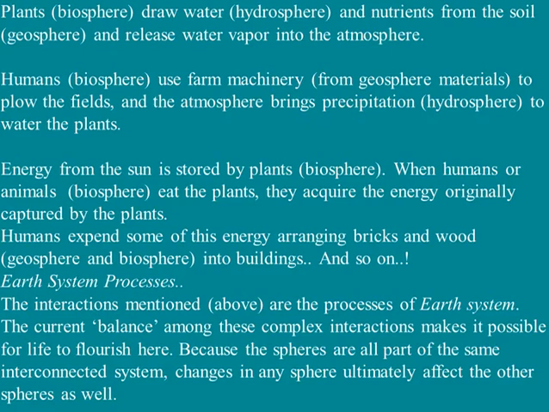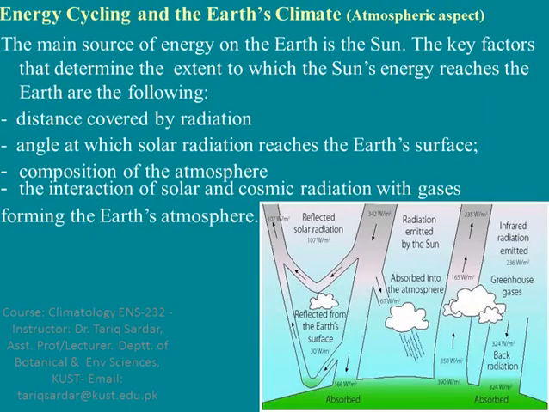However, change in any sphere ultimately affects the other spheres. That's what I have said, they are interconnected, they affect each other, and obviously are in the loop. If one process is occurring, it obviously is affecting the others at the same time, in one way or another. So from the perspective of a sphere, what we see is energy cycling and the earth's climate.